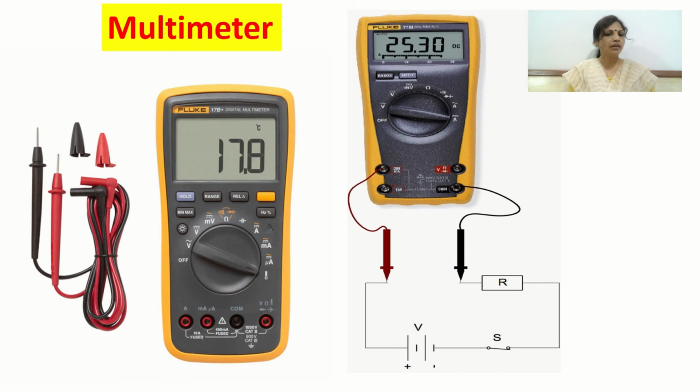Everything we can measure with the help of a multimeter. The red and black colored wires are called the probes of the multimeter. Down below you can see some slots wherein you have to fix these probes and find the value of current, voltage, resistance in the circuit.